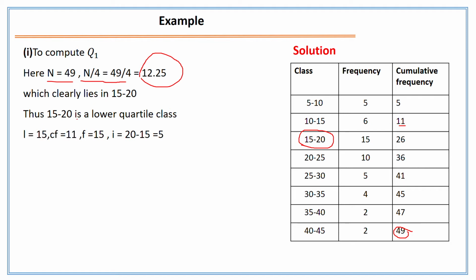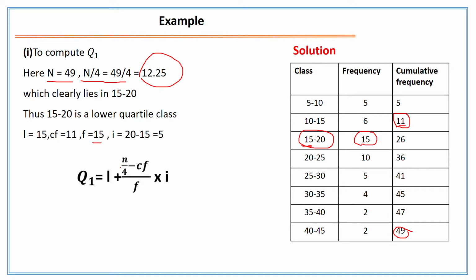In this case L is 15, that is the lower limit of the quartile class. Cumulative frequency is 11, as you can see, one class before the quartile class. F is 15, that is the frequency of that class itself, and I is 20 minus 5, that is the interval between the classes. Now we will apply the formula.